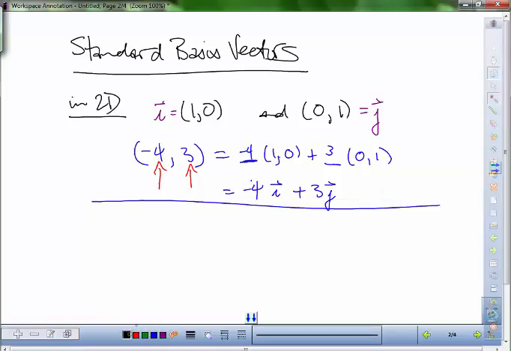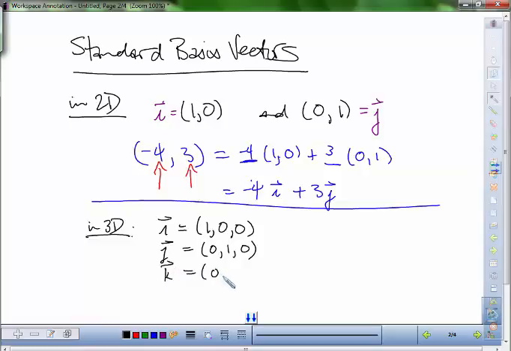So in 3D, we have 3 components now. So we have i, we have j, and we have k. That's how these vectors are defined.